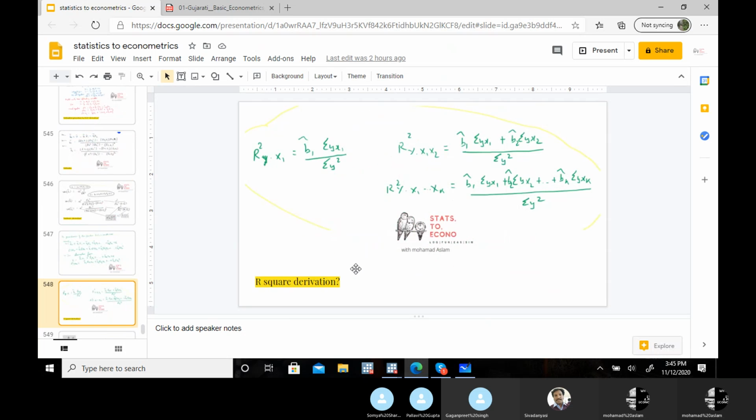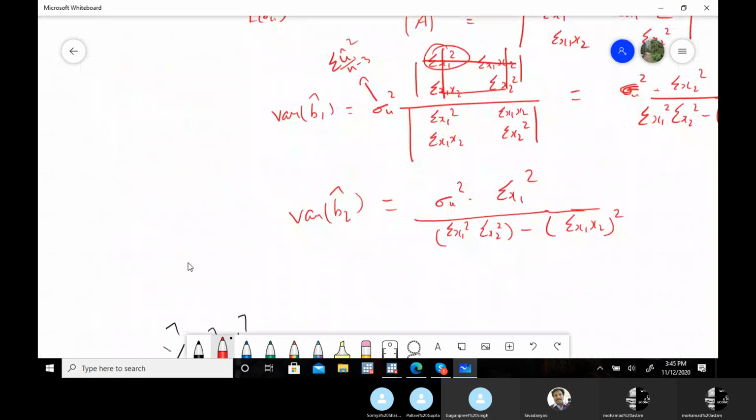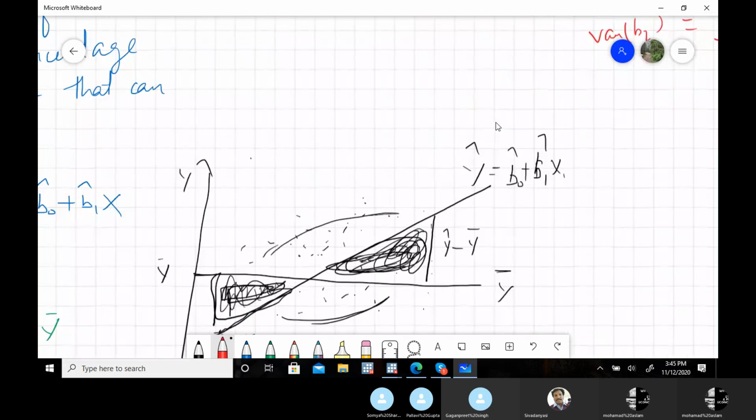Okay, this is the R square value. Yesterday we derived this particular, right, for the bivariate regression. So if it's a multivariate case, then this will be the formula. So let me do this derivation once again so that you can understand this coefficient of determination once again.